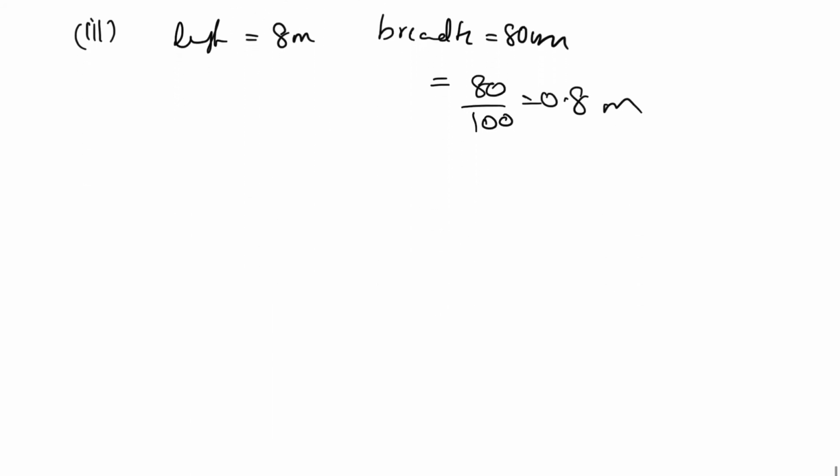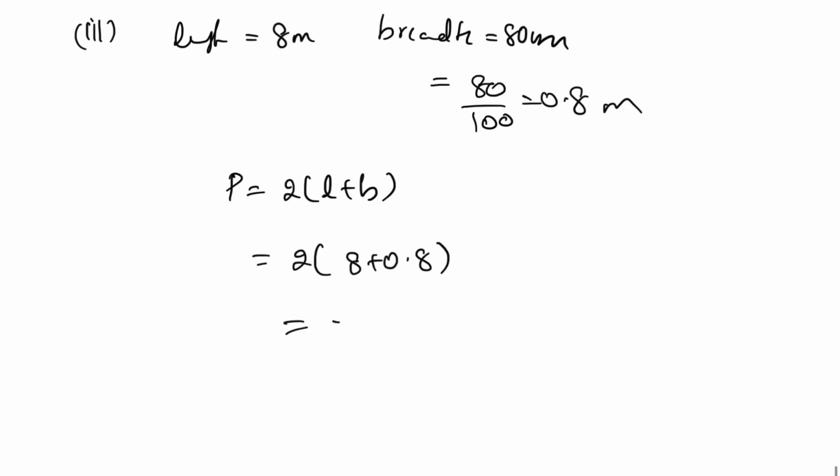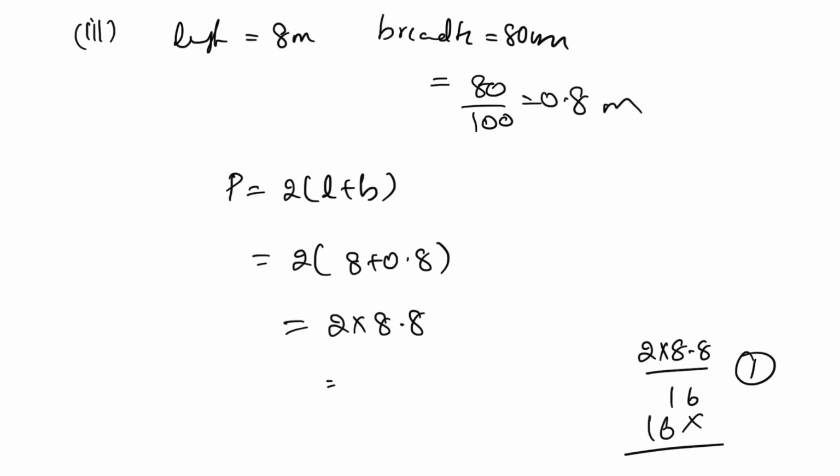So perimeter is equal to 2 times (length plus breadth), 2 times (8 plus 0.8), that is equal to 2 times 8.8, equal to 17.6. I am just solving it for your reference. You will get the answer 17.6.